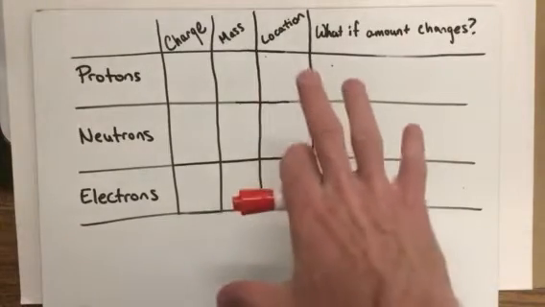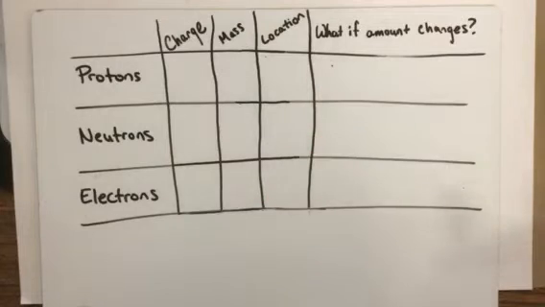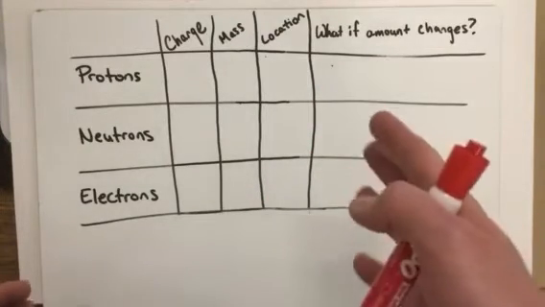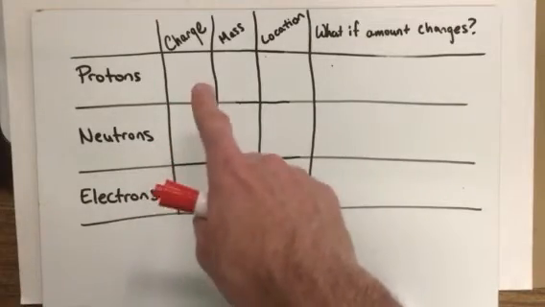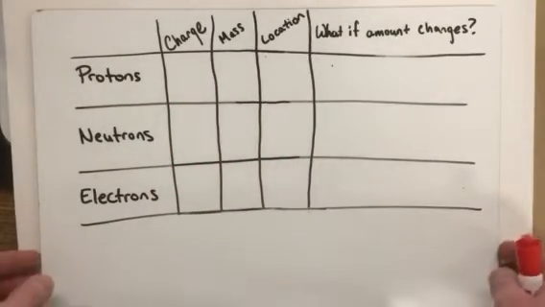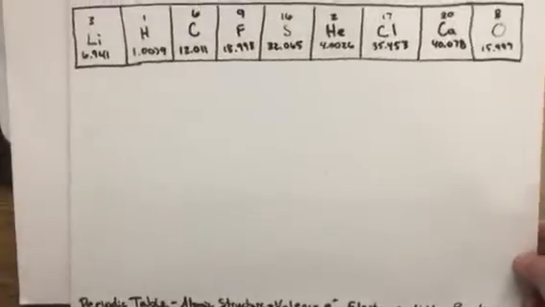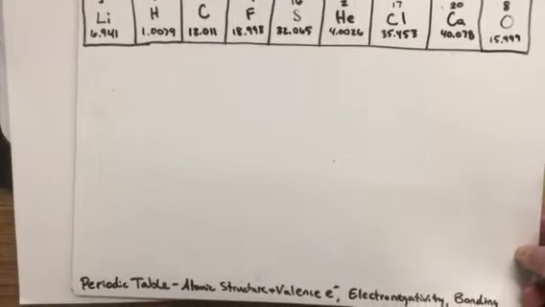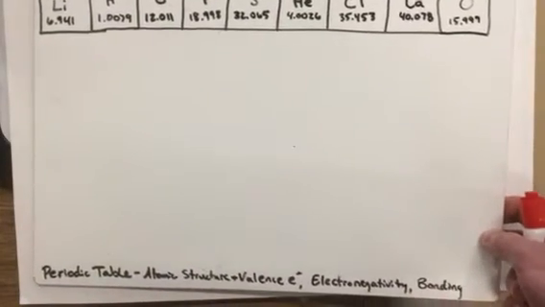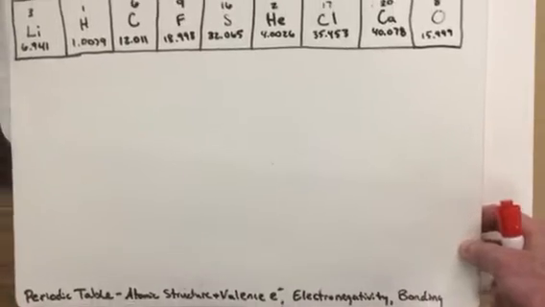This is very basic stuff that you will need for anything else that I talk about in this video and later in the course. Just subatomic particles, the charge, the mass, the location, and what happens if the number of that subatomic particle changes. I'm also going to give you some information about the periodic table, namely atomic structure and valence electrons, electronegativity, bonding, that sort of thing.